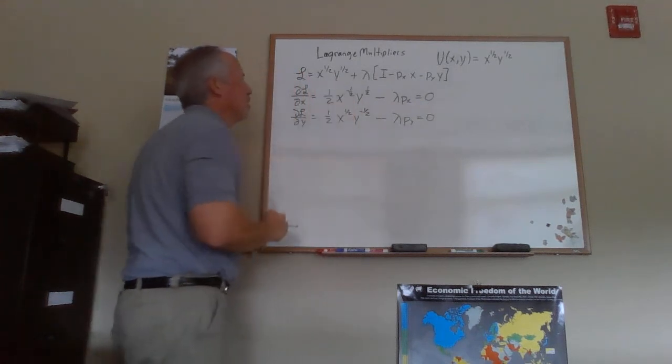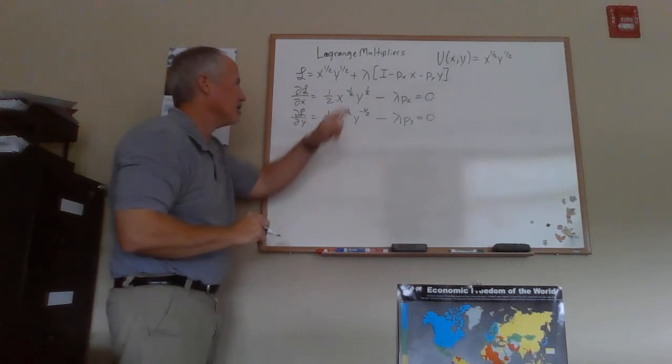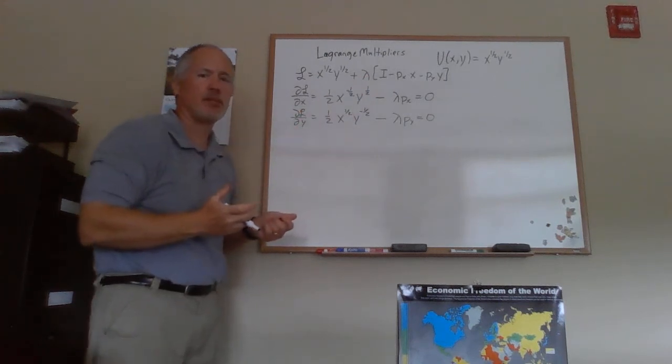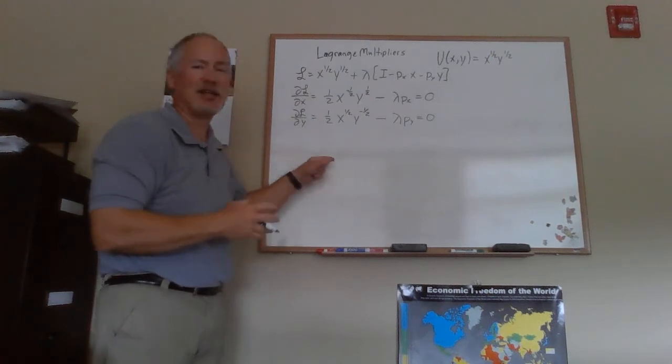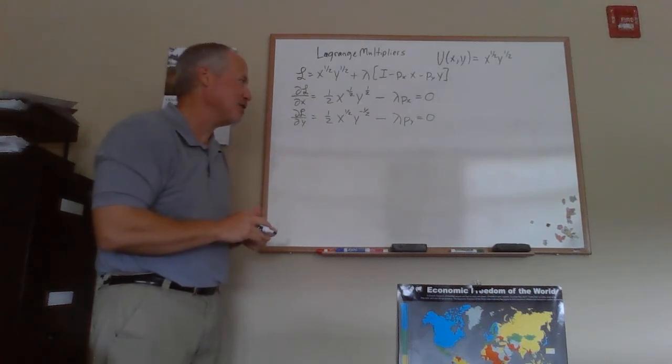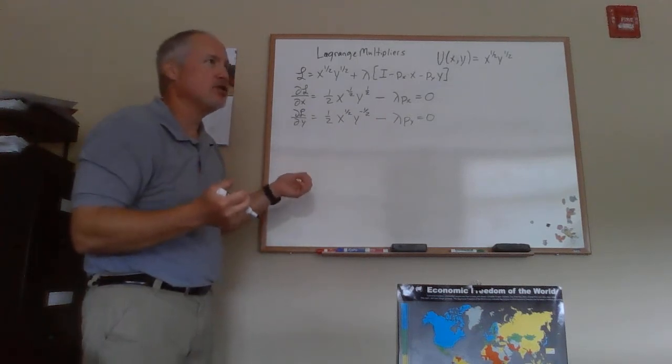And then you're going to have the partial derivative with respect to lambda, which is going to give us the budget constraint back. This is a relatively small board, so I'm not going to rewrite that again because otherwise I might run into a lack of space. So again, you have three equations, three unknowns.